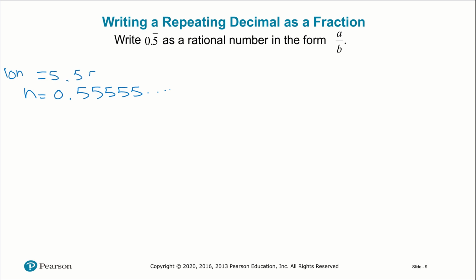It's very important that you line this up properly, okay? So mainly your decimal places need to be properly lined up. Then these should line up properly as well. Now watch what happens if I go ahead and subtract these two equations. I get 10n minus n, which is just 9n.